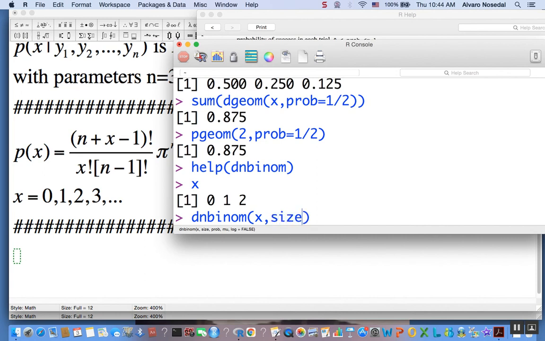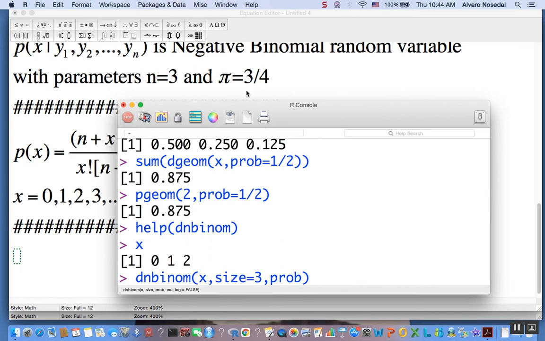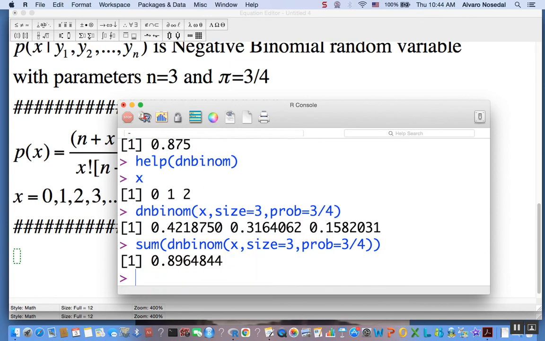Size is n, those are the parameters, n equals 3 and probability of success 3/4. Then if we want the probability of x being less than or equal to 2, just add them up, 0, 1 and 2. There we are. Instead of doing this, we could use the pnbinom function.